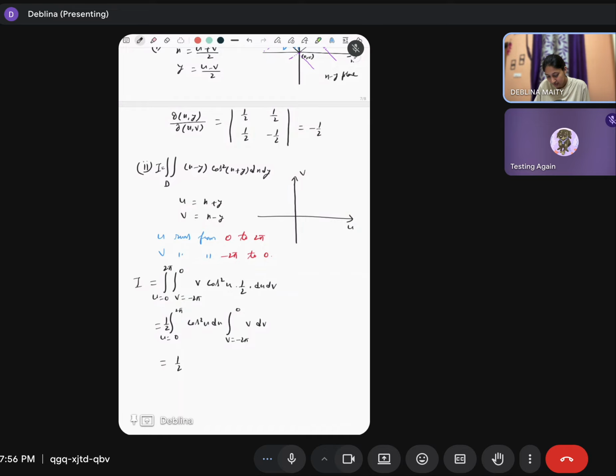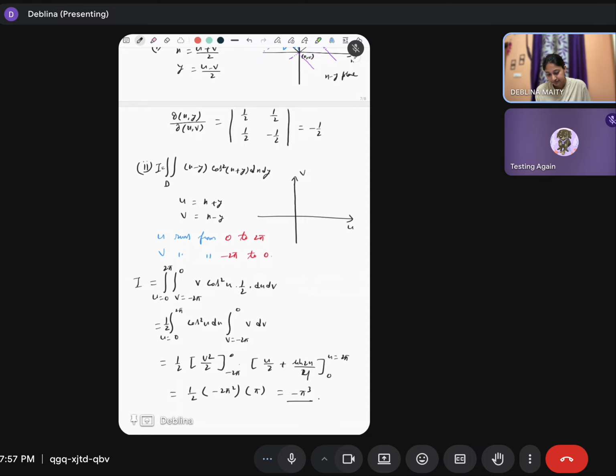Now v square by 2, and for u, with 1 plus cos 2u, it will be u by 2 plus sin 2u by 4, from 0 to 2 pi. And this is minus 2 pi square, and this will be pi. So it will be minus pi cube. Okay, so this is the final answer.